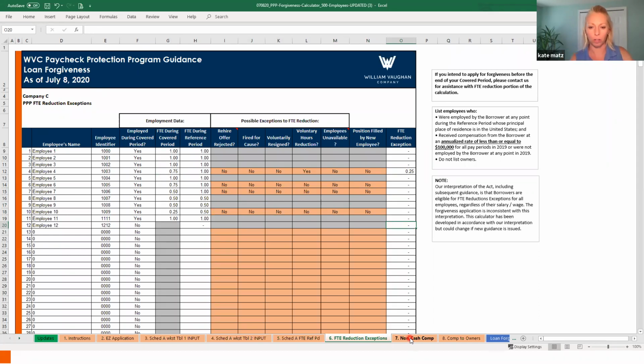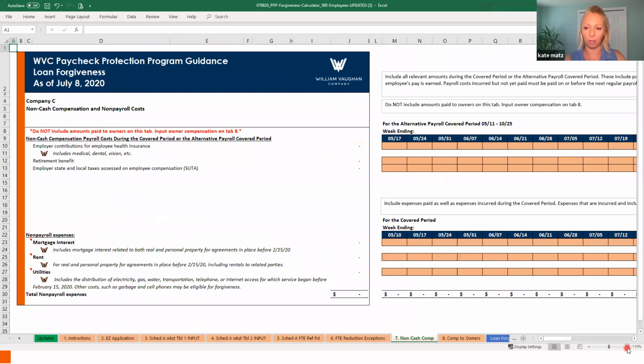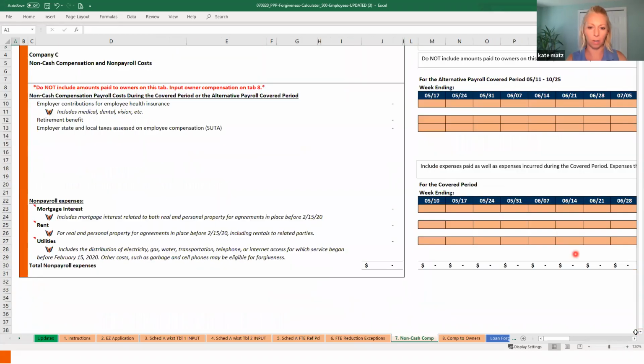All right, then we move over to tab 7. And here we've got space for our non-cash compensation as well as our non-payroll expenses. So let's just assume that we've got $25,000 of health insurance that we paid during the period, $11,000 of retirement contributions that the company made, $2,000 for SUTA.